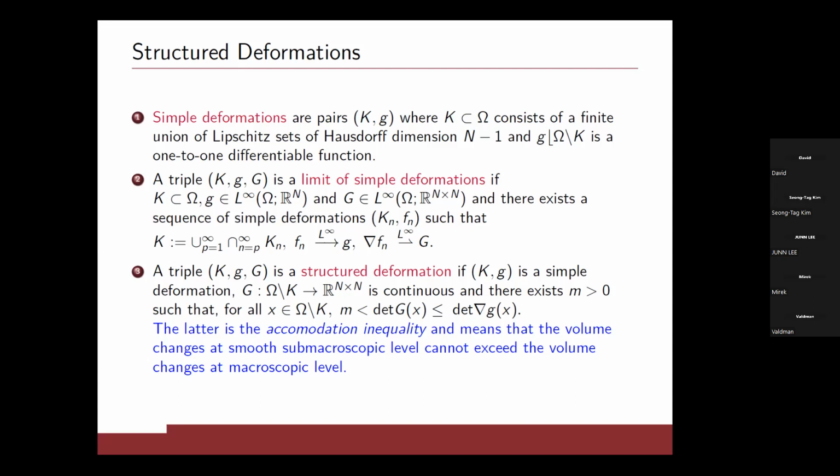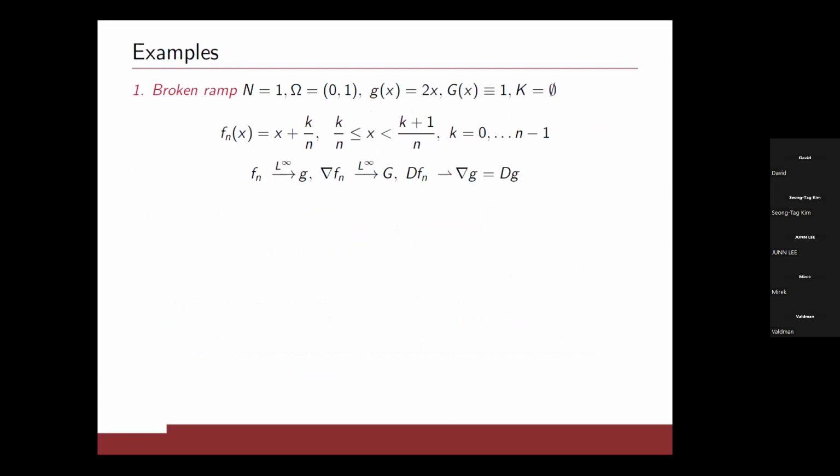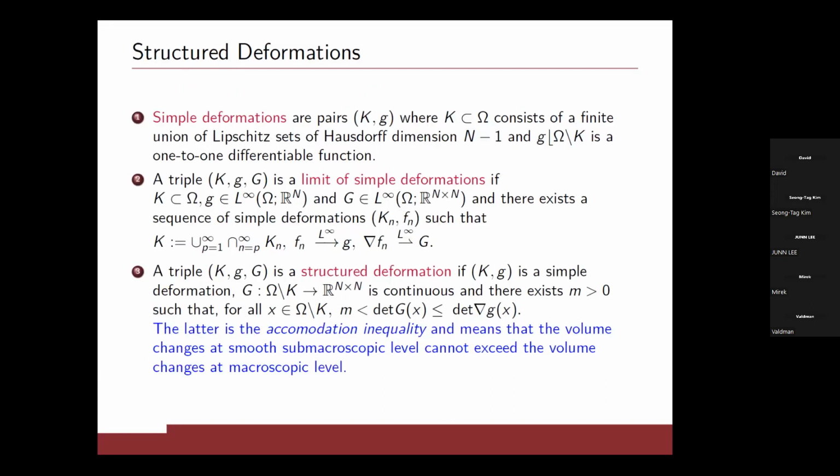What they also imposed is a determinant constraint, namely that the determinant of the smooth part of the deformation gradient of little g is greater than the determinant of this matrix field capital G, and everything is bigger than a positive constant.